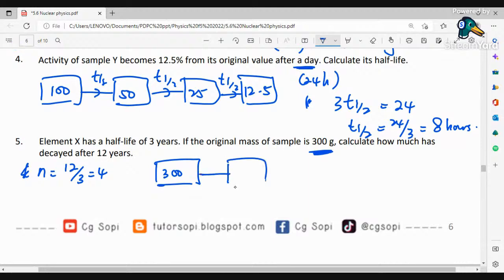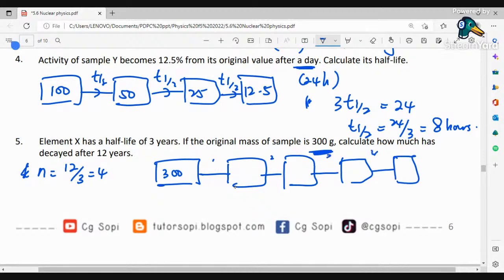So kita kena buat 4 kali half-life. 1, 2, 3, 4. 4 half-life. 300 become 150, become 75, become 37.5, become 18.75.